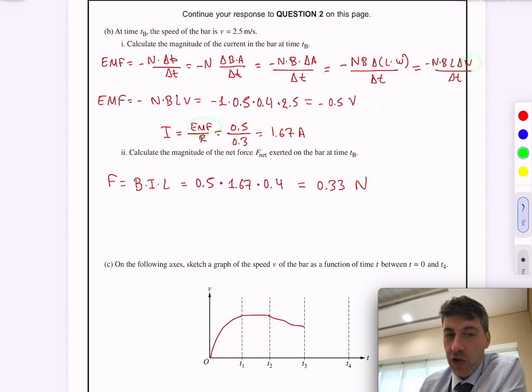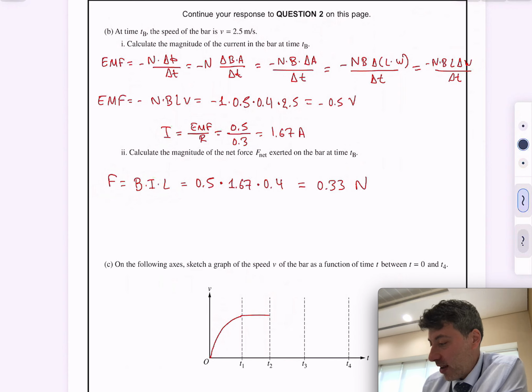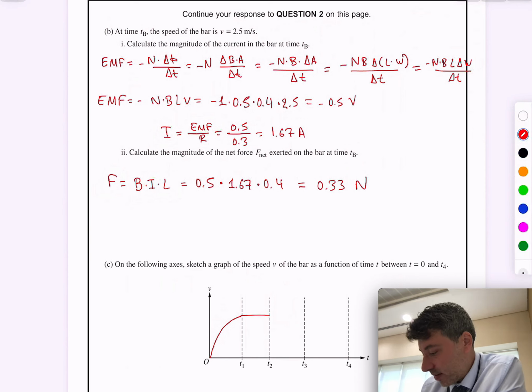But since there is a force to the left, the speed will be decreasing, so this force depends on the speed, and the speed is decreasing, so this means that the force is changing. So there will be a non-linear change of speed, somehow like this, a non-linear change of speed.